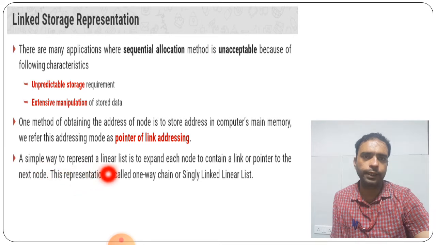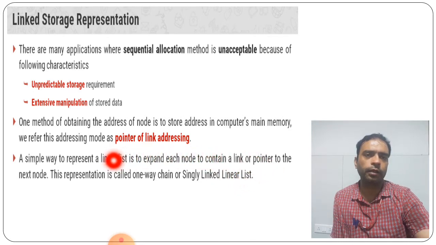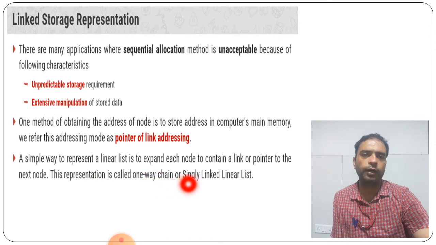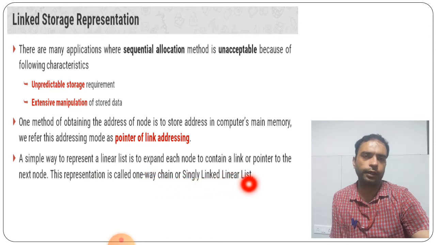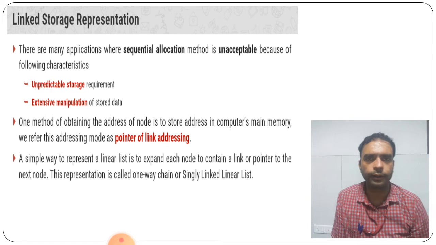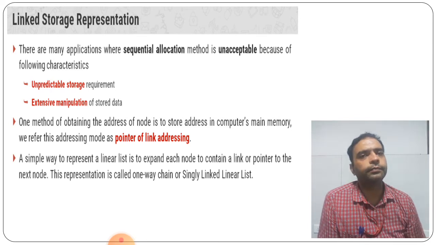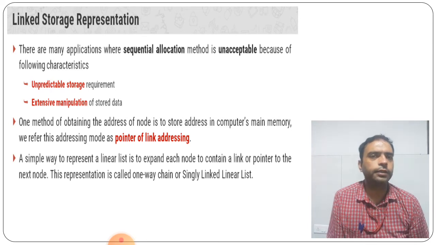The simple way to represent a linear list is to expand each node to contain a link or pointer to the next node. This representation is called a one-way chain or singly linked linear list. In the linked list there are two parts.